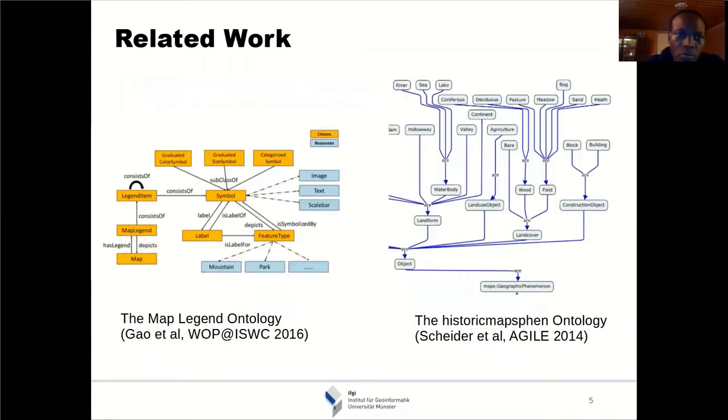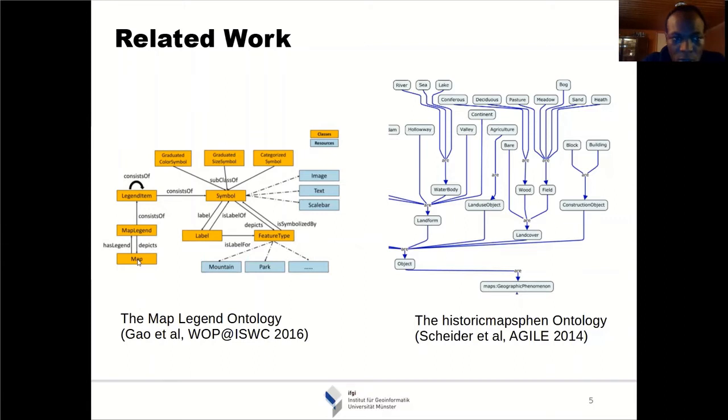Now, there are two works I'll briefly mention that are quite close to what we are doing here. The first one is the map legend ontology. It's work that was presented 4 years ago at WOP, where the authors proposed an ontology for map legends.